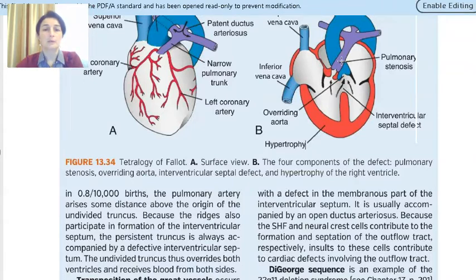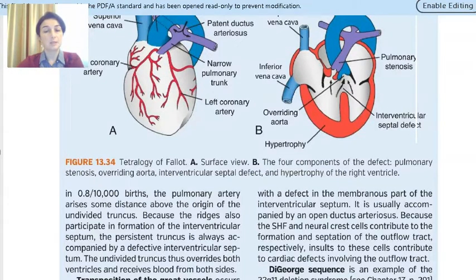Then here we can see patent ductus arteriosus that remains after birth, and the stenosis of the aorta, which may be in the initial part of the aorta. So that is the tetralogy of Fallot, a result of defects in the secondary heart field development.